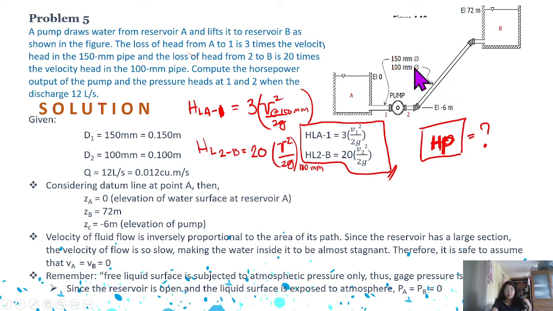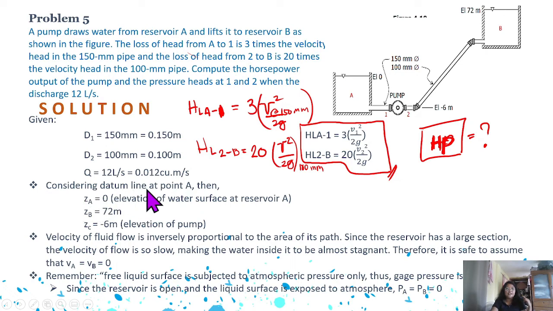Ayan, nakaturo, 100 mm. So, divided by 1,000, 0.15 m lang. Tapos, dun sa dito, so 0.1 m. Then, given din yung kanyang discharge at 12 liter per second. So, kung 12 liter per second yan, divided by 1,000, so you will get 0.012 cubic meter per second. Okay, yan pa lang yung given.